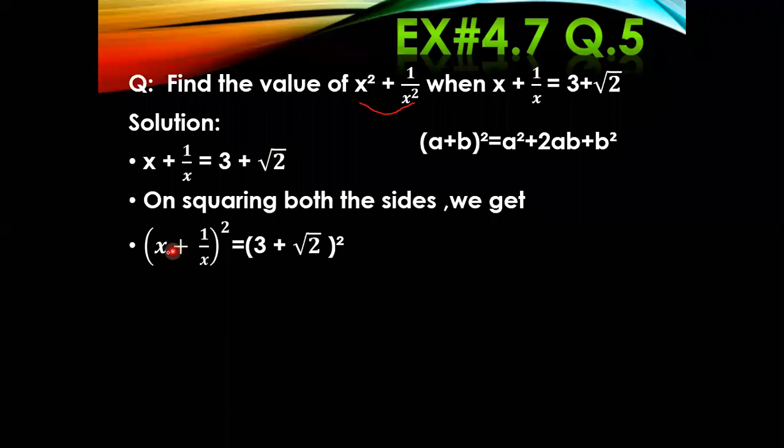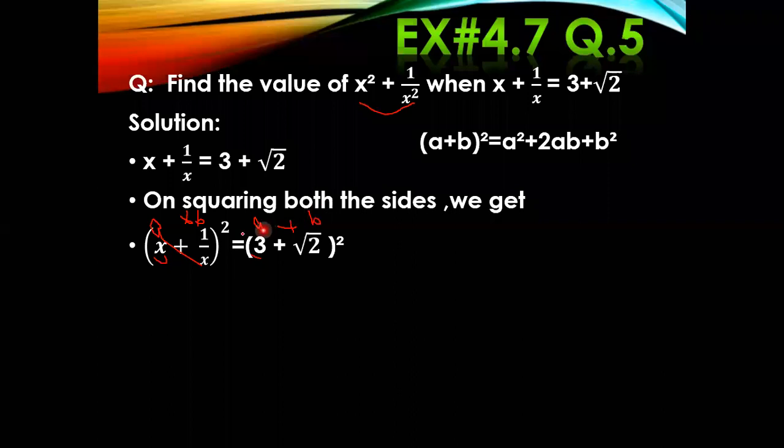Now as you can see, there are two terms here: this will become your term a and this will become your term b. Understand, this is term a and this is term b. The same goes for the right side, where this is term a and this is term b. So this is like a plus b whole square, and this is also like a plus b whole square.